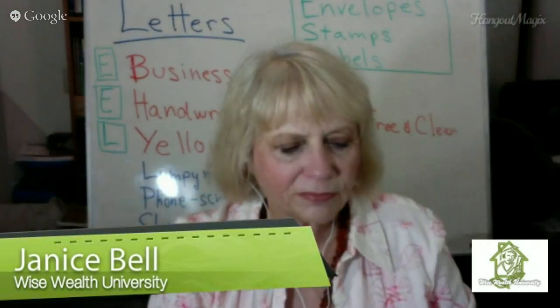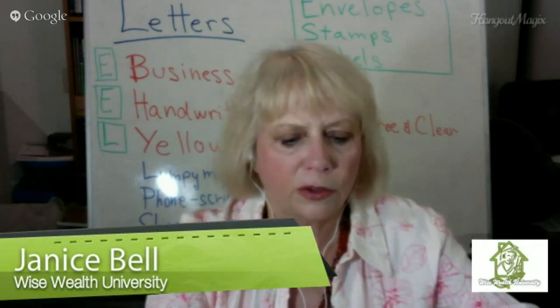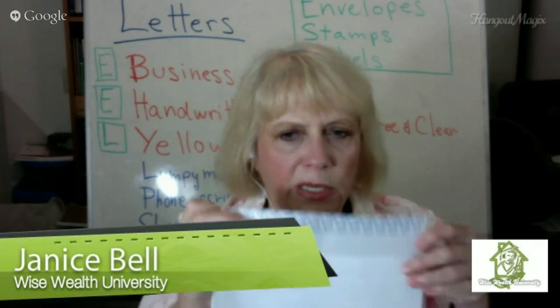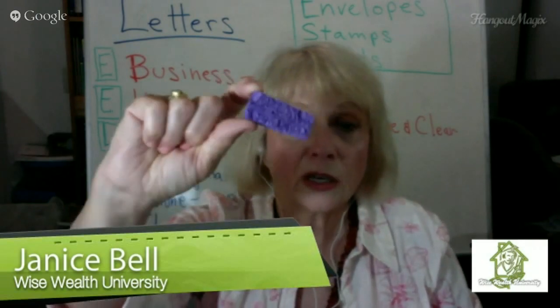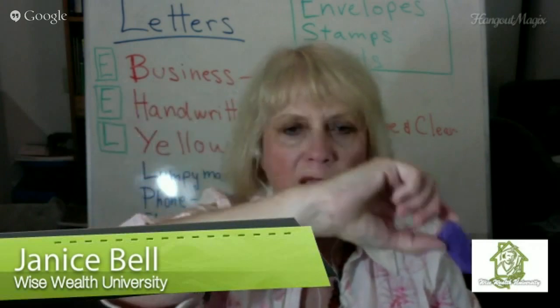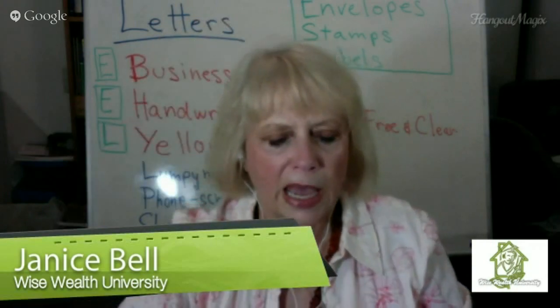Okay, so there's another trick that I can do, and it has to do with how to seal those envelopes. I don't usually use these peel ones. They cost a little bit more and sometimes a lot more. So you need to take a sponge, cut your sponge in a little strip, and you can just seal your envelope like that.